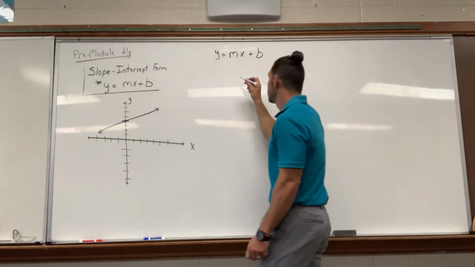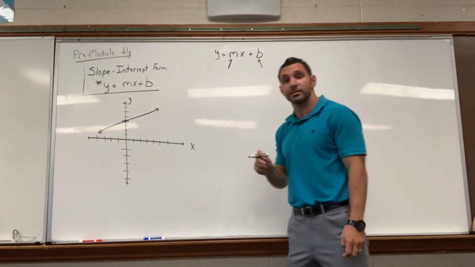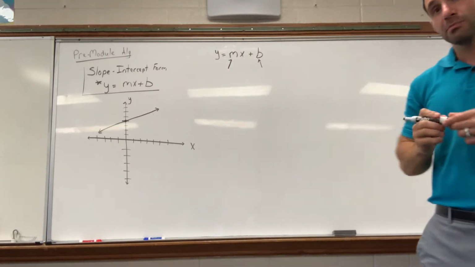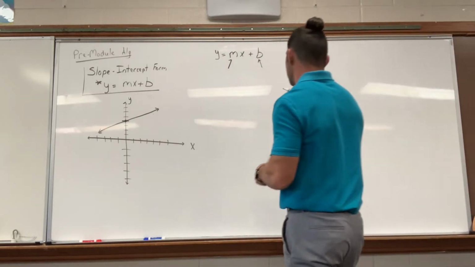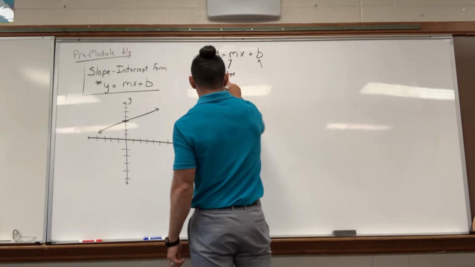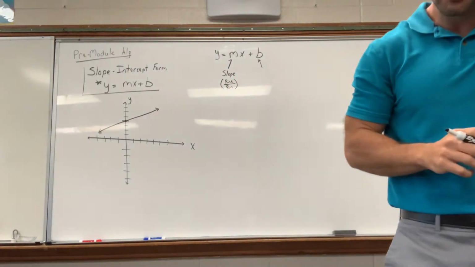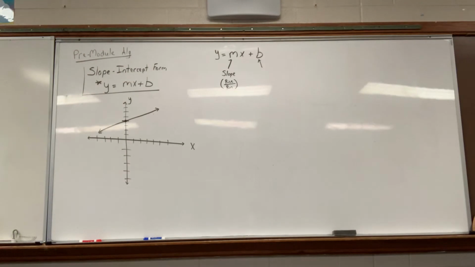First off, each letter represents something. The m stands for the slope, which I want you to think of as rise over run. Okay? The slope is rise over run.